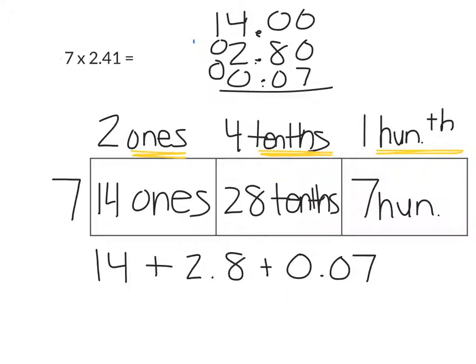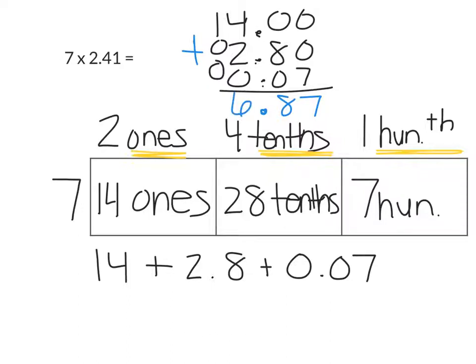Now I'm going to begin with my lowest place value, and so when I come down here to my hundredths place, I see that I have 7 plus 0 plus 0, which remains 7. In my tenths place, I have 8 plus 0 plus 0, and so that remains 8. I bring down my decimal point. In my ones place, I have a 4 and a 2, so when I add 4 plus 2, that gives me 6.